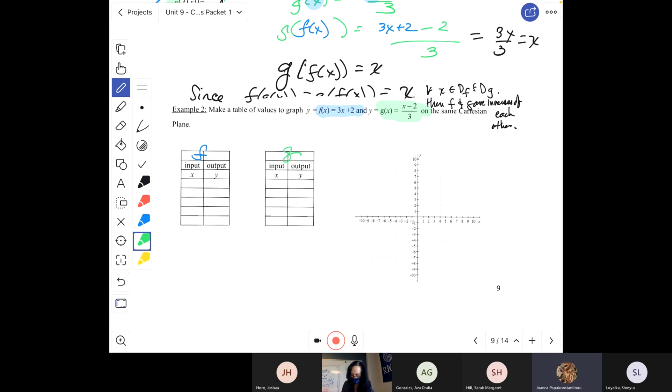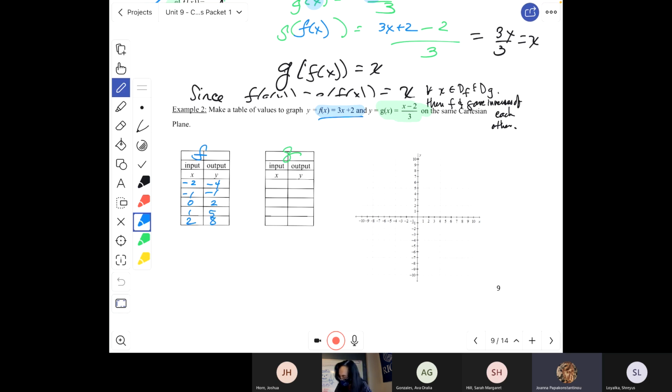So I can make a table of values. I can choose some x and some y values. Let's say I substituted -2, -1, 0, 1, and 2. I could get my corresponding y's just by substituting values of x into this equation. I have an equation, so I could plot some points. This would give me -4, -1, 2, 5, and 8.